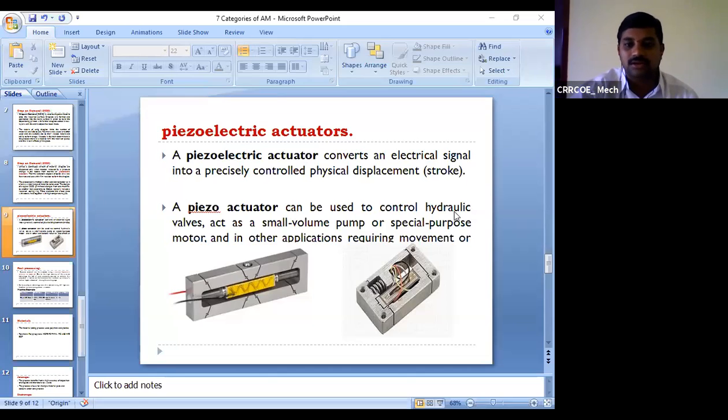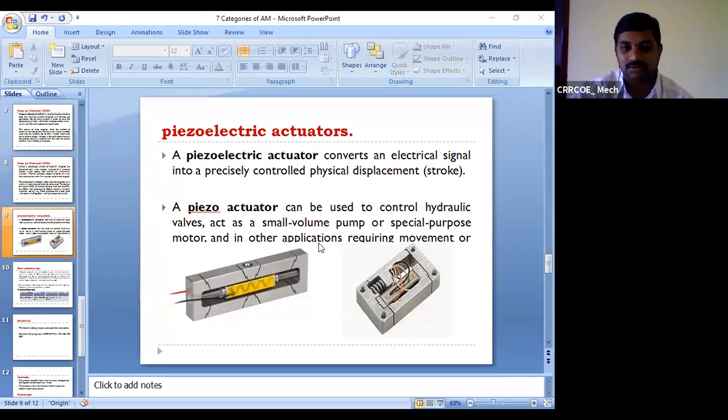Hydraulic valves themselves have different classifications. All these valves can be controlled by a piezoelectric actuator. It also acts as a small volume pump or special purpose motor, and in other applications requiring movement.